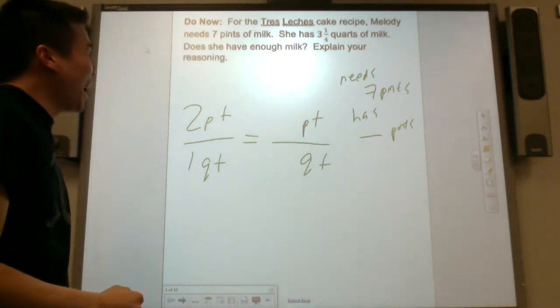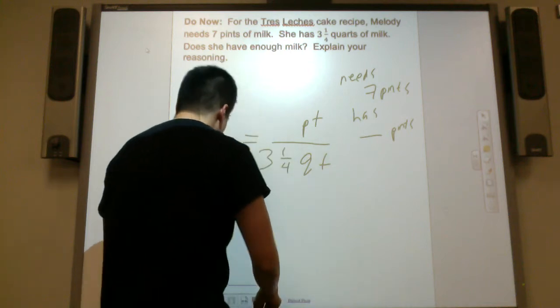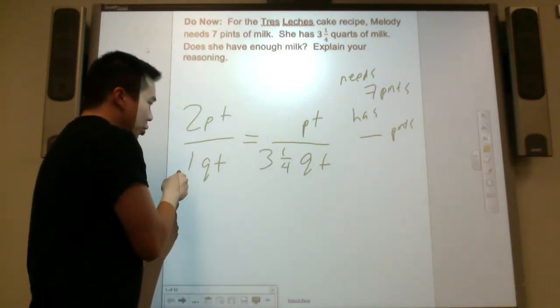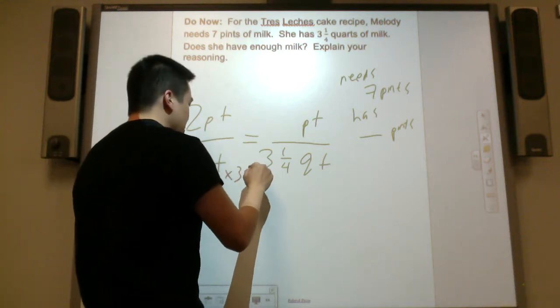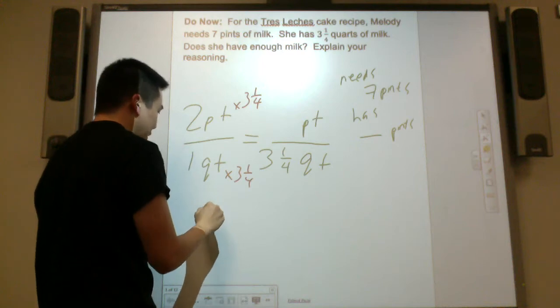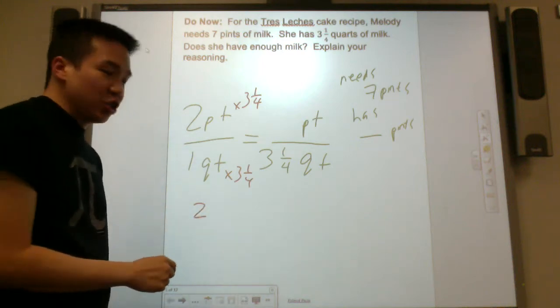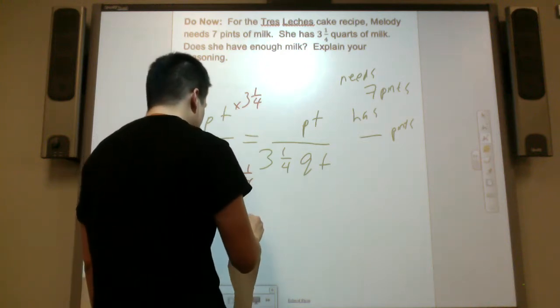So she has 3 1/4 quarts of milk. How do you build up from 1 quart to 3 1/4 quarts? You multiply by 3 1/4. So let's multiply it. How do you write 2 as a fraction? 2 over 1. How do you write 3 1/4 as a fraction? 13 fourths.